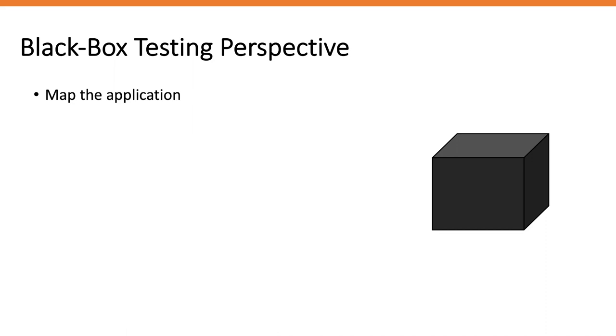All right, let's start off by talking about how to test applications from a black box perspective. The first thing that I do when testing an application is map the application. And what that means is I literally visit the URL of the application. I walk through all the pages that are accessible to me within the user context that I'm running as. I make note of all the input vectors that potentially talk to the backend. I understand how the application functions.